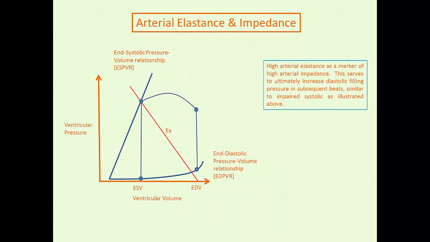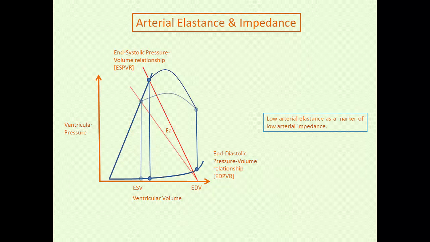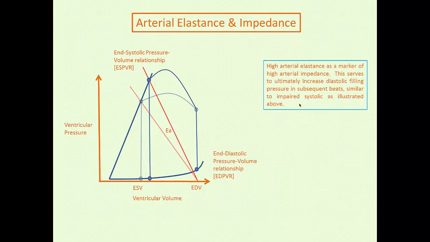So this is the elastance and impedance as I just talked about. A high arterial elastance, i.e. a low compliance, as a marker of high impedance, serves to increase diastolic filling pressure in subsequent beats on the Sagawa pressure-volume relationship, which is somewhat similar to impaired systolic function as illustrated in previous slides. Comparing this curve to this curve, the stroke volume has decreased for the same filling pressure.